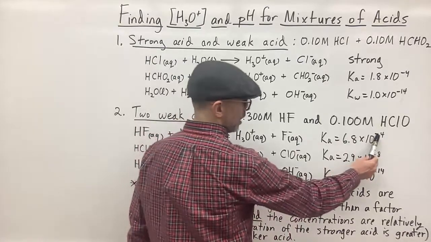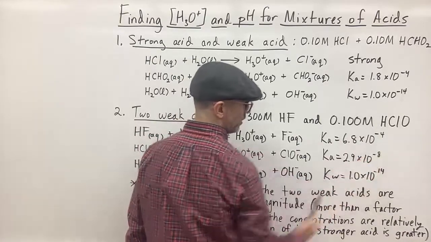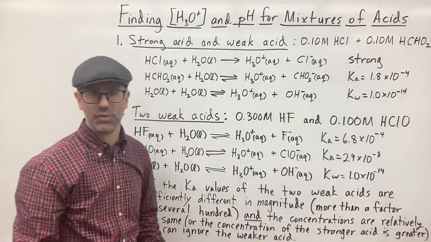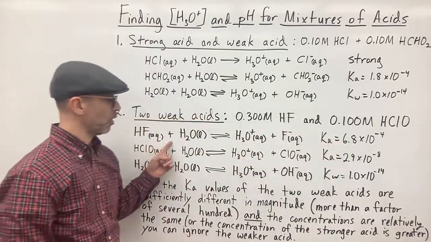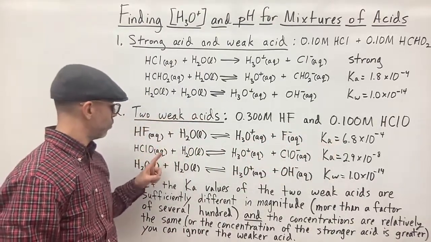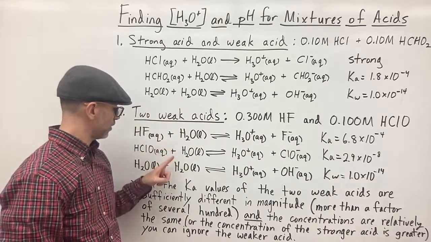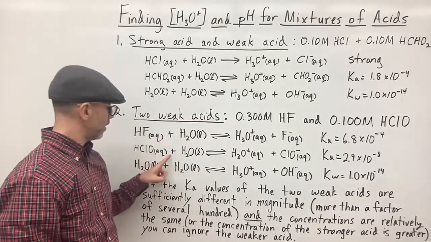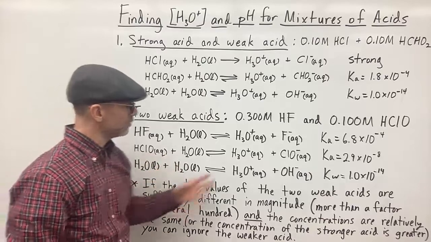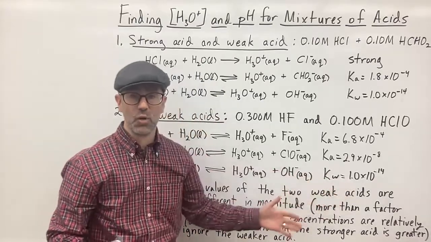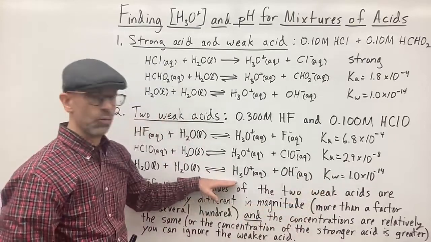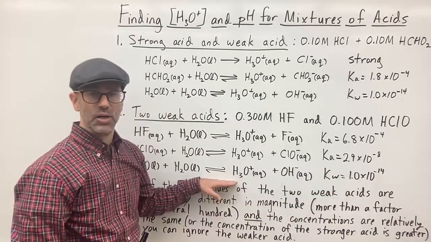The difference between negative 4 and negative 8 is about a difference of 10,000. So this HF is going to be a much stronger acid than HClO. And so again, the Kw value can be ignored as well. We don't need to worry about the autoionization of water.